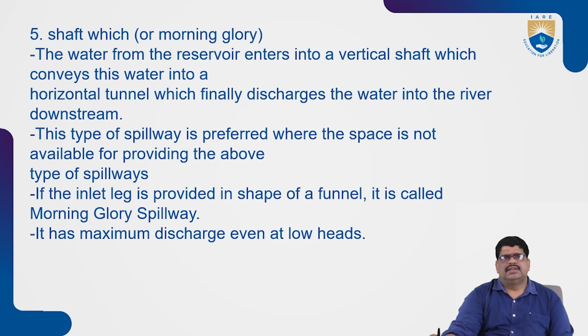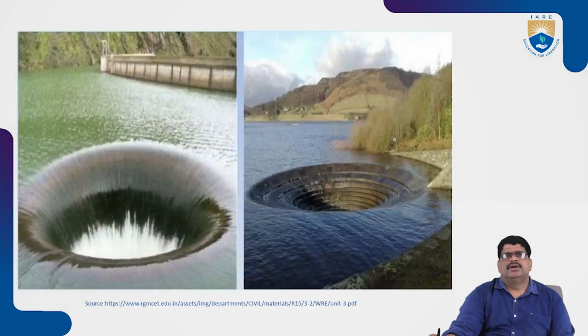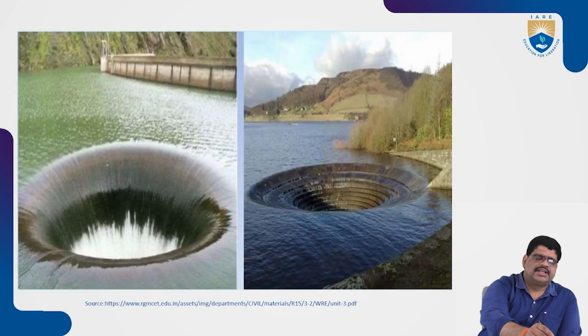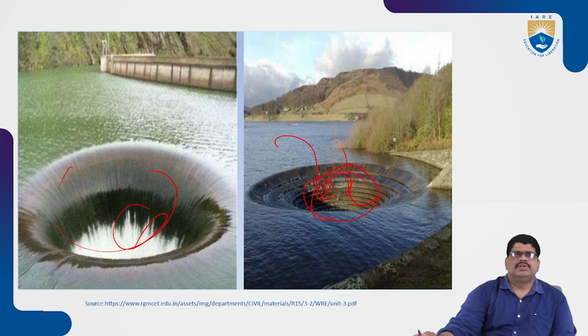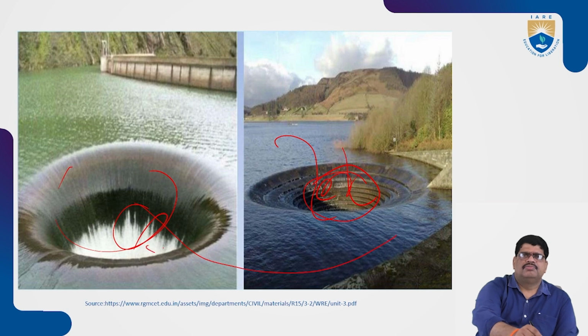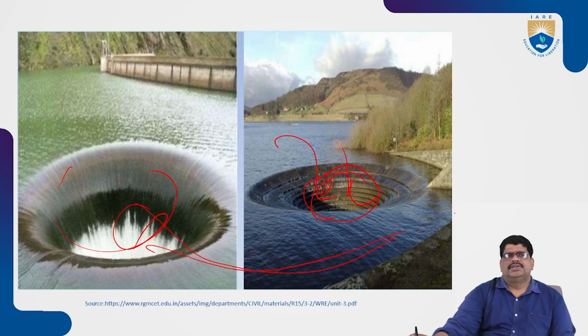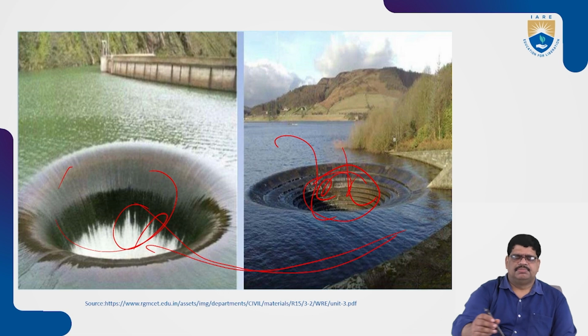The inlet is provided like a funnel, and this is called a morning glory spillway. You can see that this funnel type is provided here. It collects the water, which is then sent through the conduits from this end to the outside. This is also one of the types of spillways.